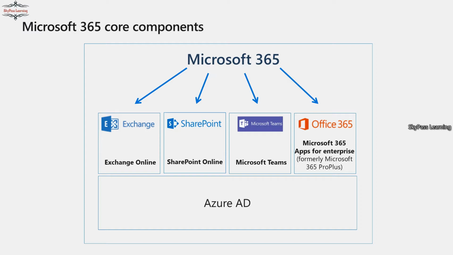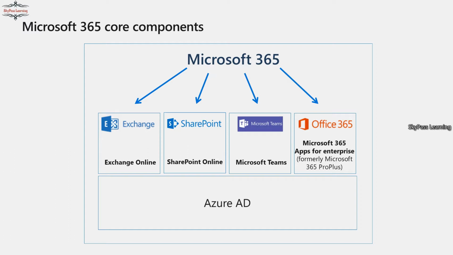Now you can see Microsoft Office 365. Earlier the name was Microsoft Office 365. Now it's called Microsoft 365 because Microsoft added a couple of additional things, like Azure AD integration, some security functionalities, and some mobility features.